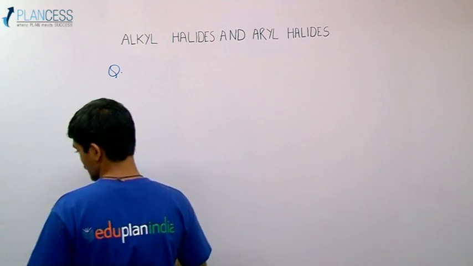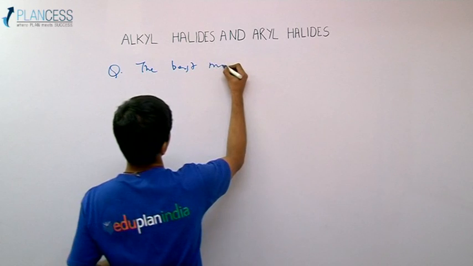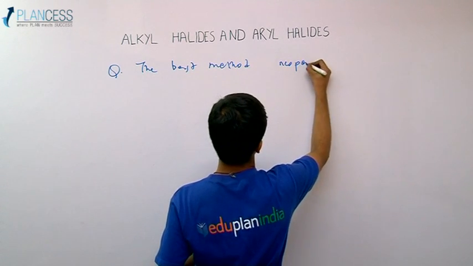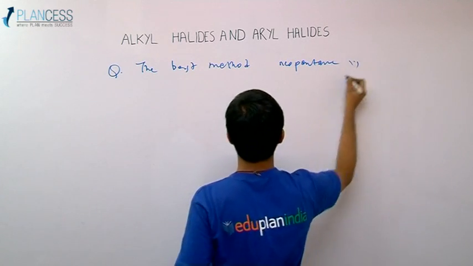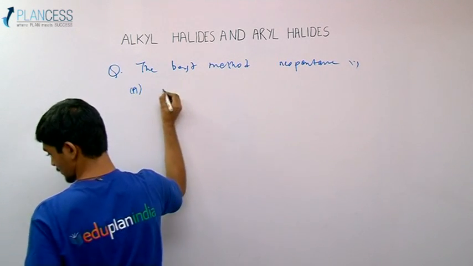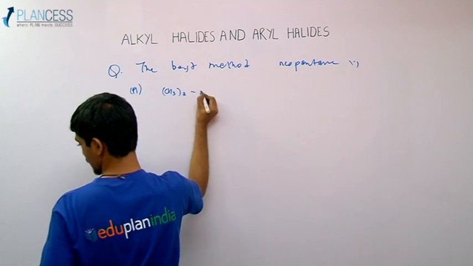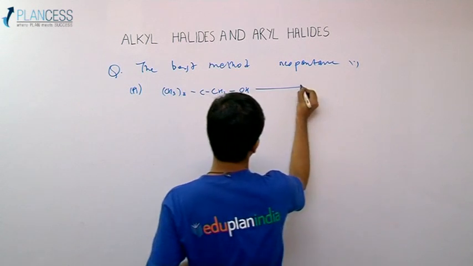So the first question is, the best method to prepare neopentane. The best method is option A, (CH3)3CCH2OH.